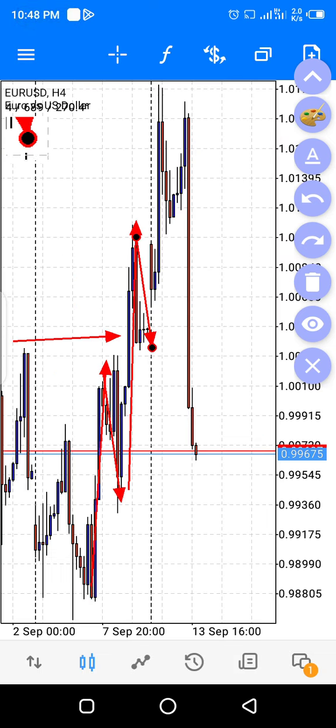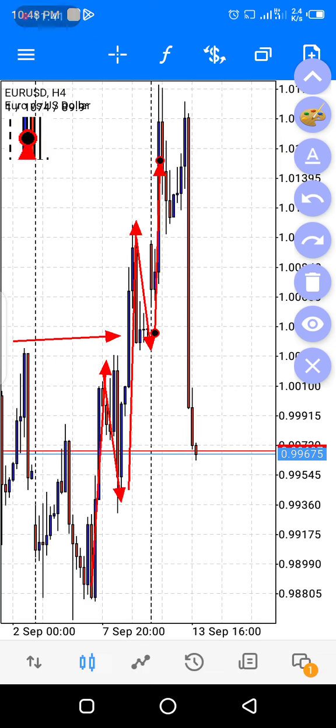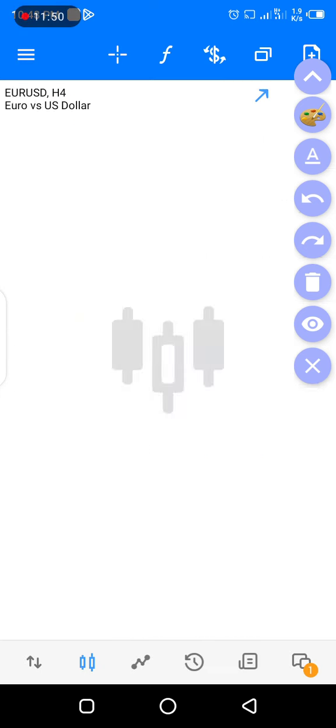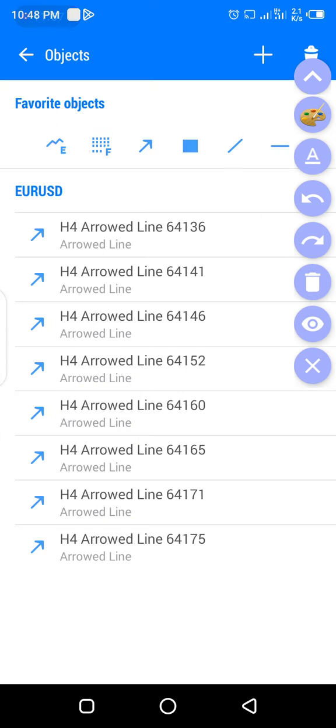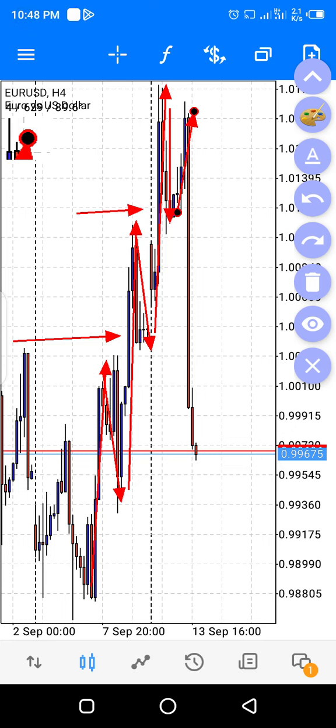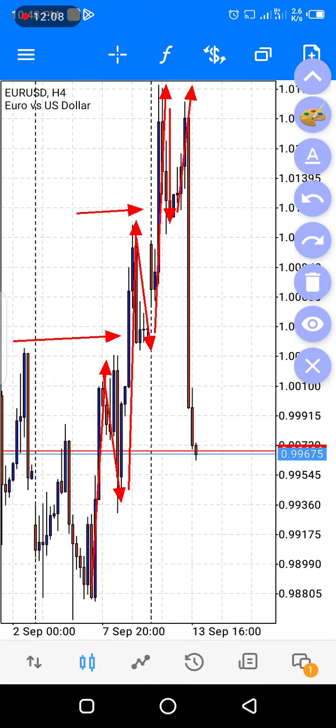Price can pull back, and it pushed up again, breaking this structure here. Price came back to create a higher low. Now with this further move, we are expecting another higher high, but what happened? Price created something like a double top here.